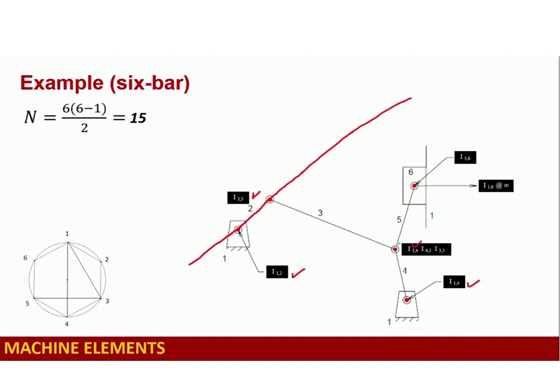So these are the points connecting these 2 instantaneous centers. Extending these lines so we can locate the intersection here. So this intersection will be known now as our instantaneous center 1, 3. So now we have instantaneous center 1, 3.